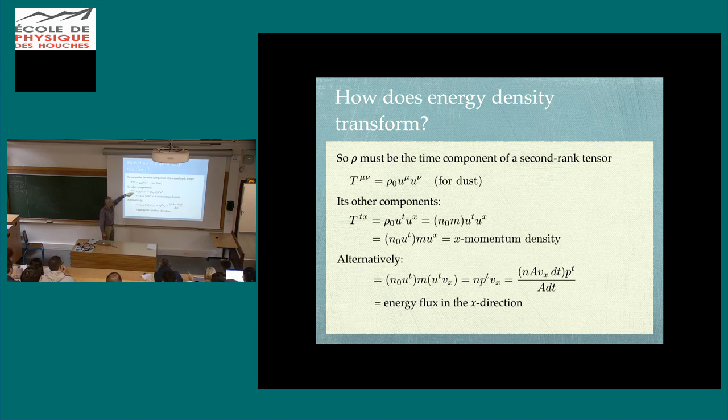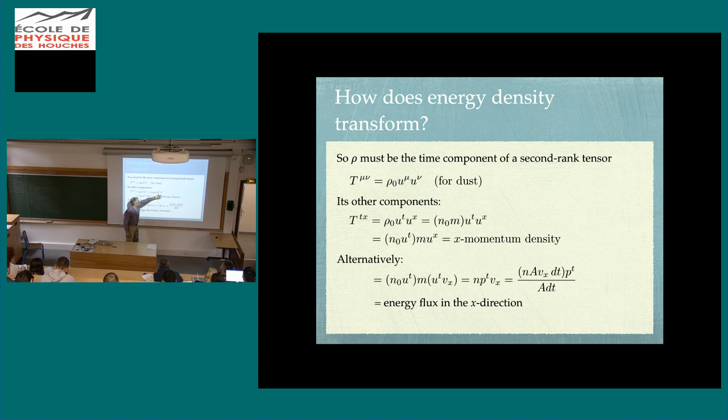So if I'm looking at the Tx component, that's what this is going to be for dust. And so here's the mass, the number density times the mass. So that's the mass density in the frame.